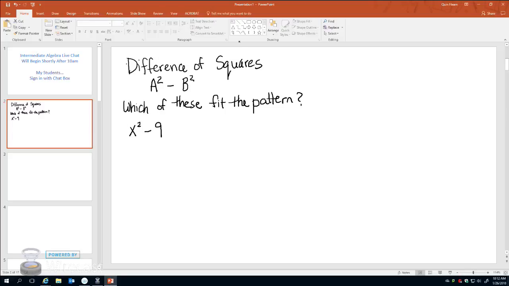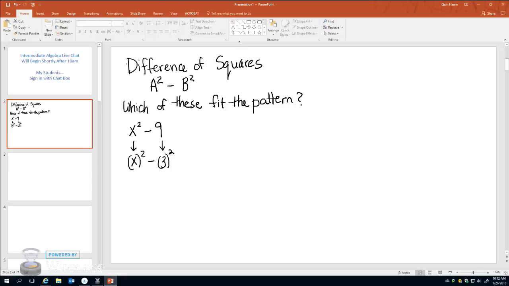And then each of these two terms must be a perfect square. Now, in order to determine if each term is a perfect square, you need to figure out if there's something that you could identify as your A and your B, the thing being squared in each term. So for example, in this one, the first term is x squared. The x is being squared. And in the second term, the 9, you can think of 9 as 3 squared. So in the second term, the thing that's being squared is a 3.